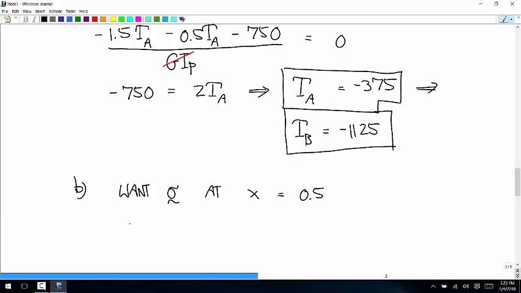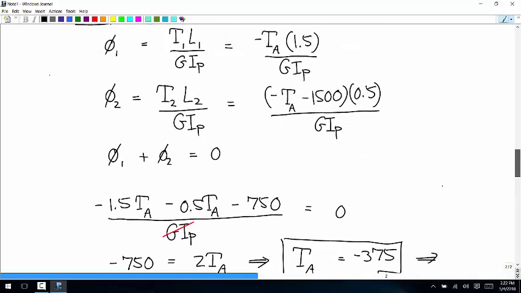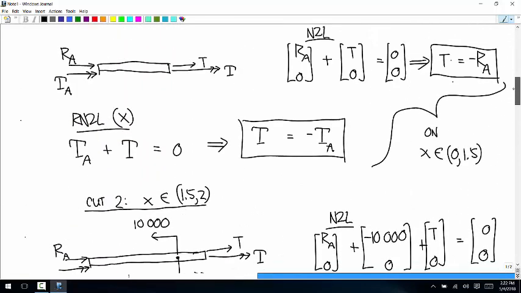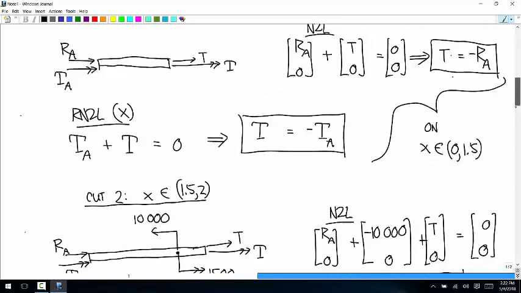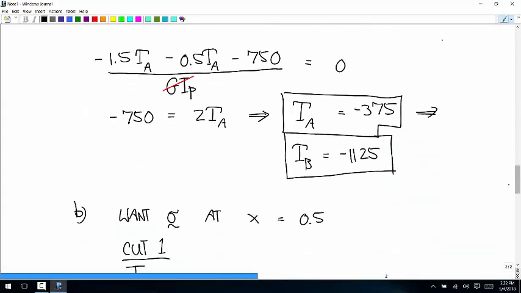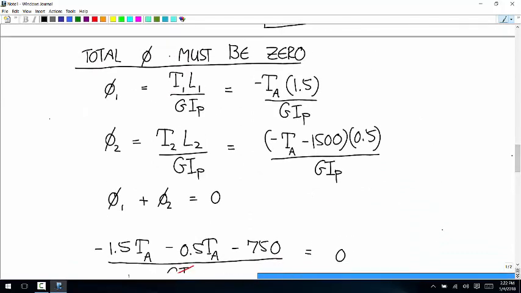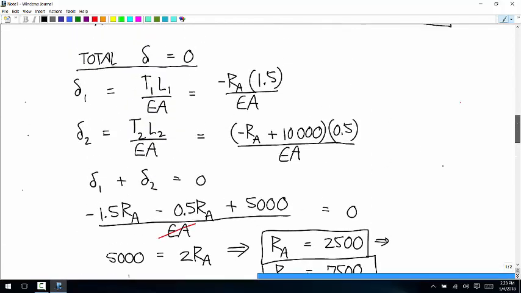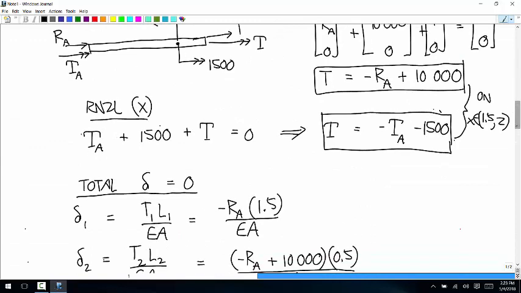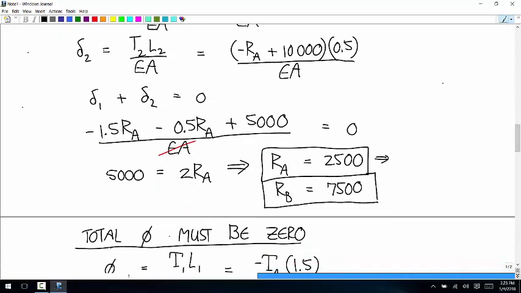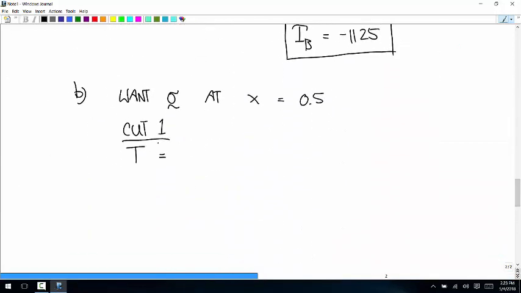And so from cut 1, we know that the tension at x equals 0.5 is equal to negative RA. And now we know what RA is. RA is 2,500. So the internal tension is negative 2,500.